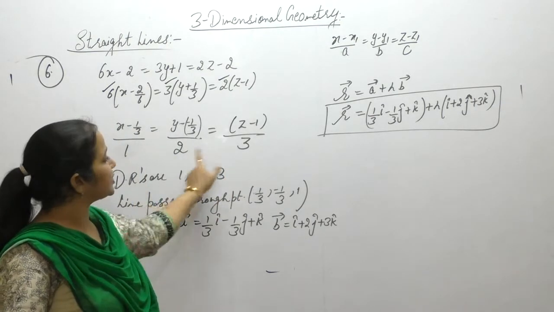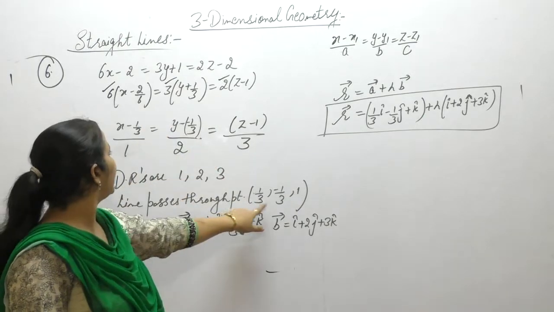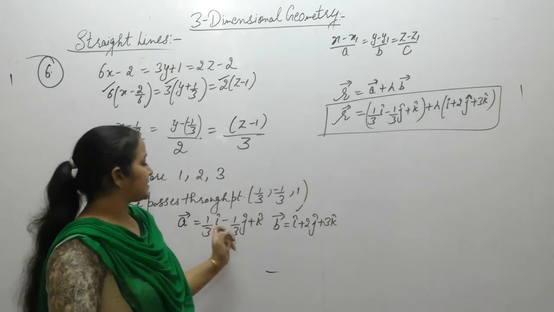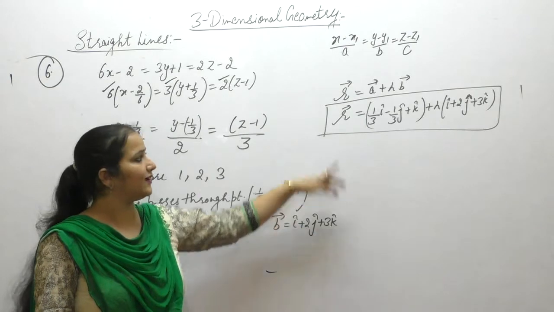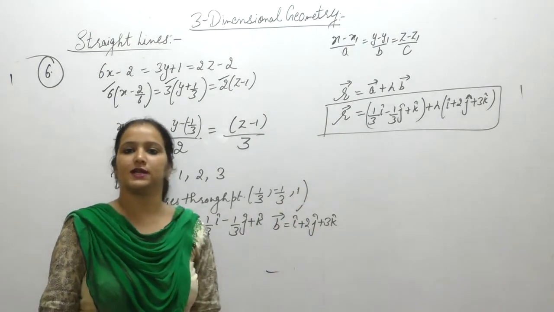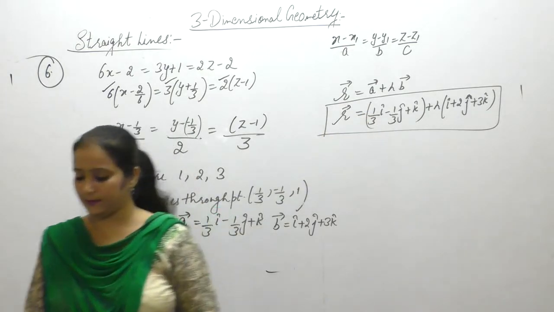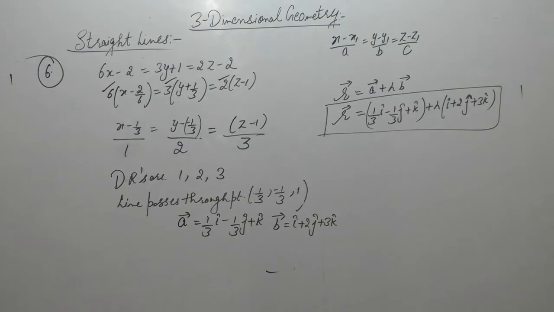Then we get the direction ratios as 1, 2, 3, and the line passes through the point 1 by 3, minus 1 by 3 and 1. Now if a line passes through a vector and whose direction is given, that is b vector, then the vector equation is r vector equals a vector plus lambda b vector. Then put the values of a vector and b vector.